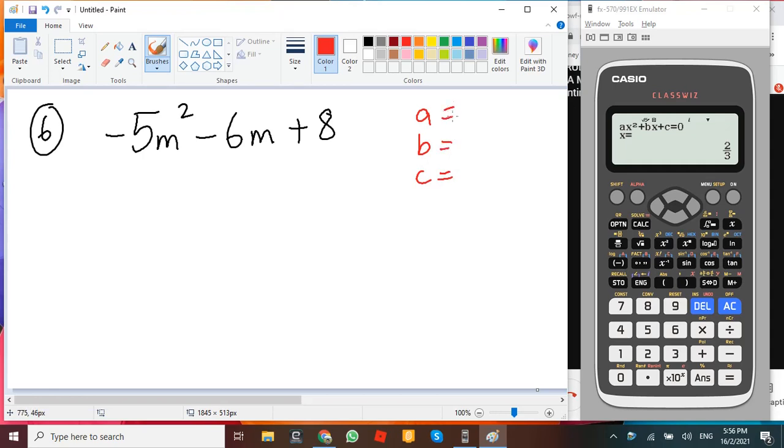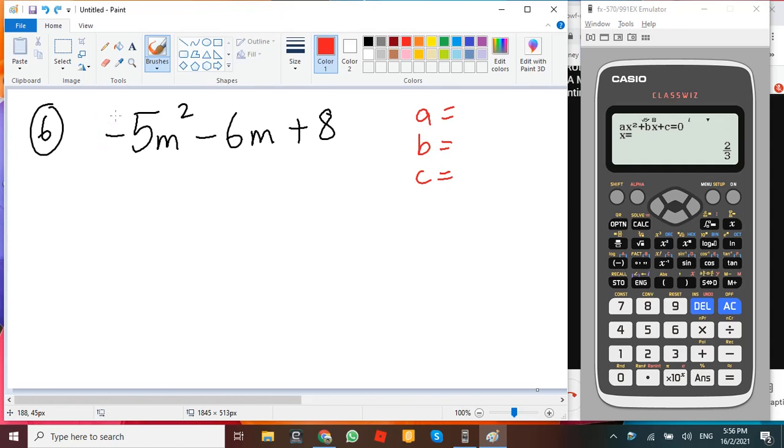However, before you use the calculator, we need to do something else first, because now we have a negative here. To factorize the expression, the calculator is best used for a positive coefficient of m squared, for positive only. If negative, we need to do something.